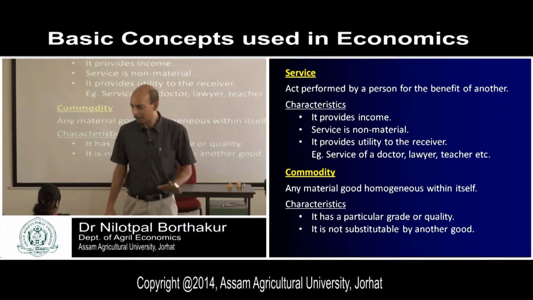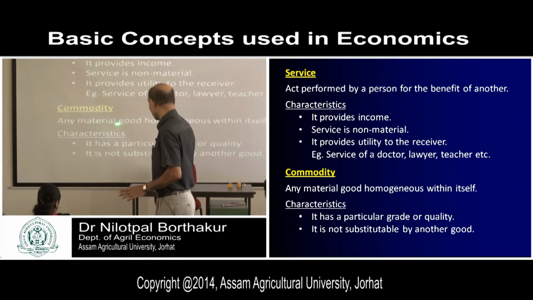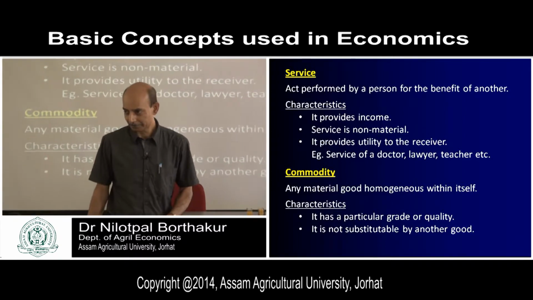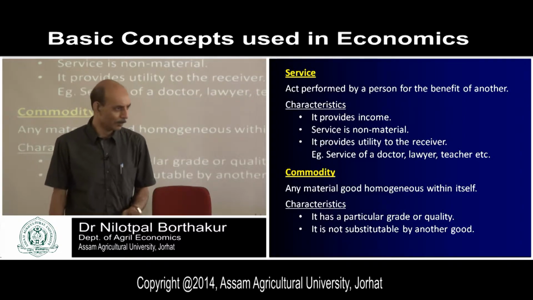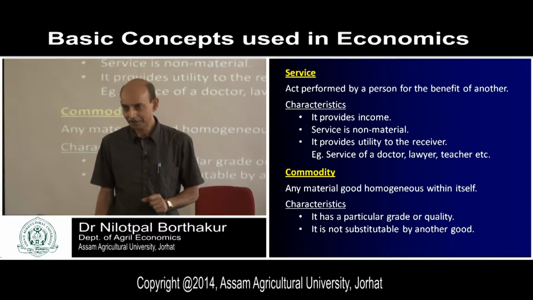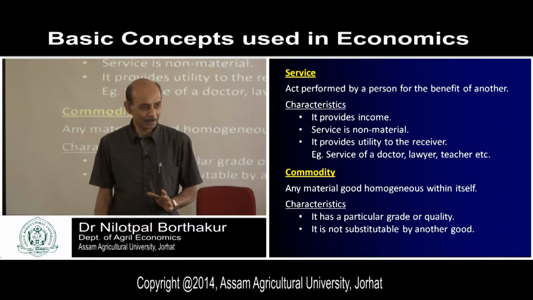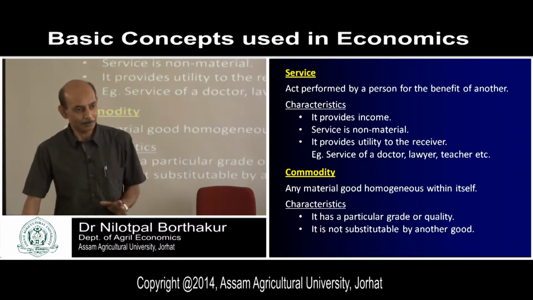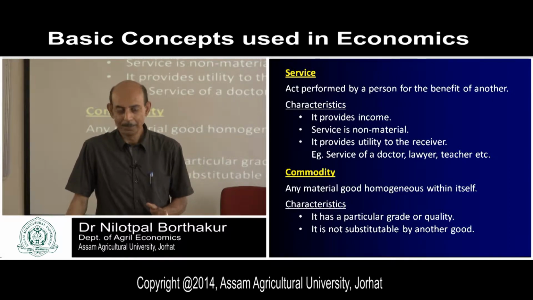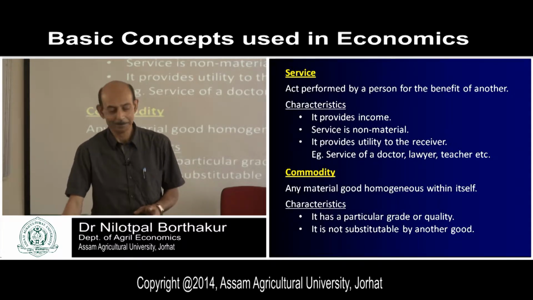Any material good homogeneous within itself is called a commodity. But a good is anything, a material outcome of production, that has the power to satisfy a want. What is the difference between good and commodity?